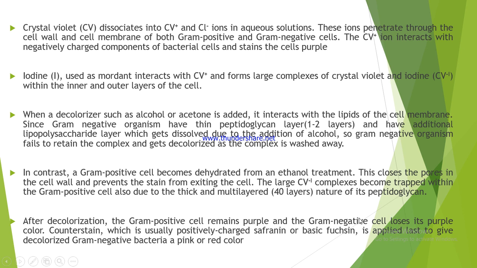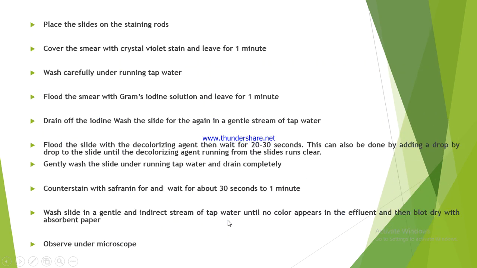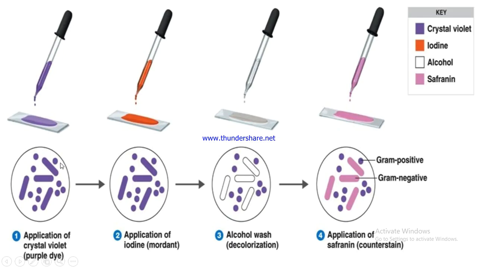That's why the gram negative bacteria appear red or pink in color, and the gram positive bacteria appear purple in color. One thing you have to consider is that you have to take different droppers for addition of chemicals.